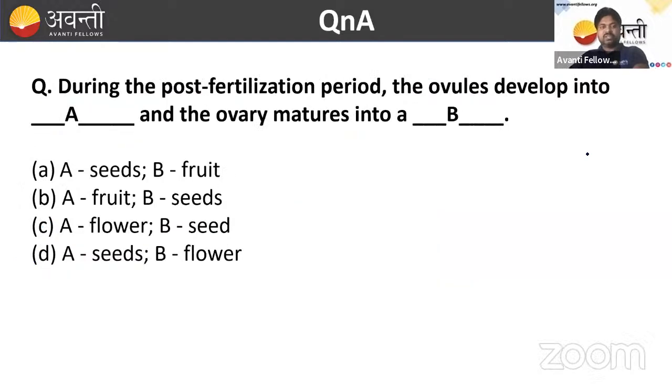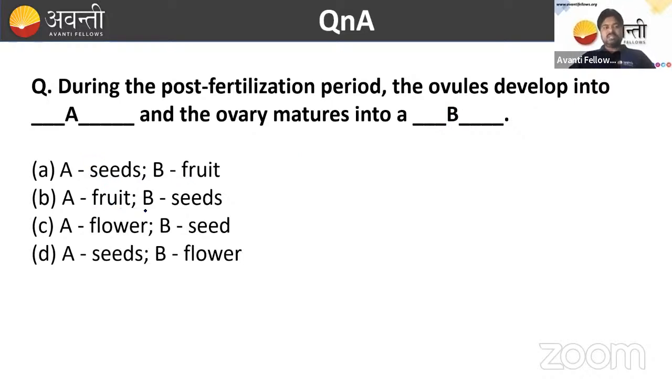Coming to the next question, question 6. During the post fertilization period, the ovule develops into A and the ovary matures into B. Then what are A and B? Option A: A is seed, B is fruit.